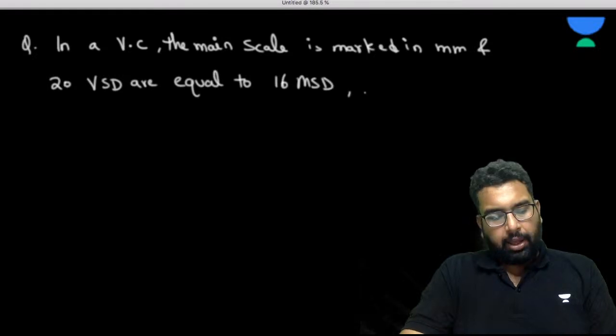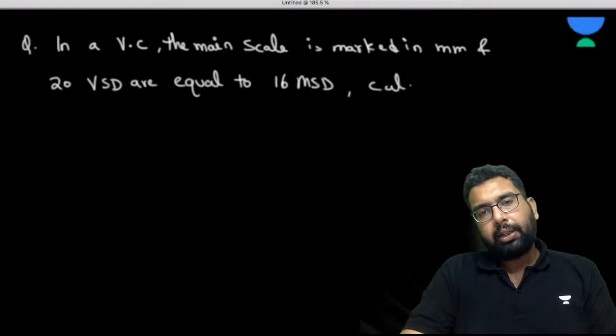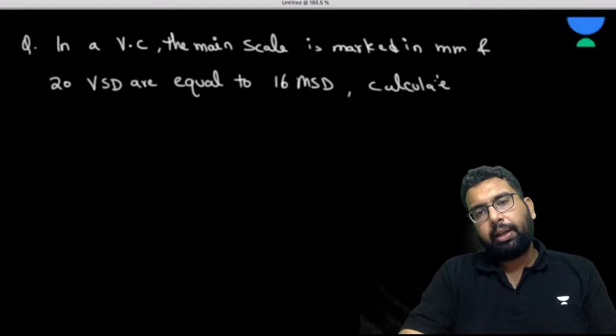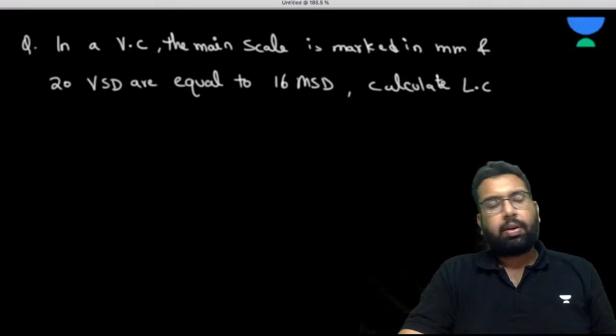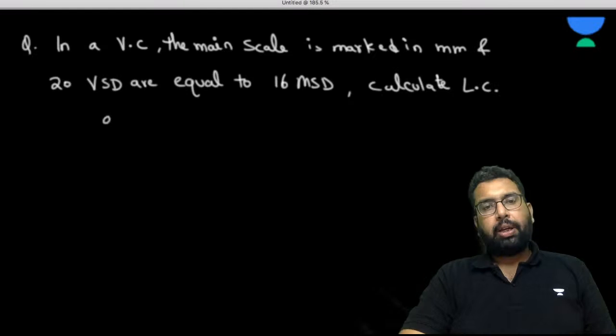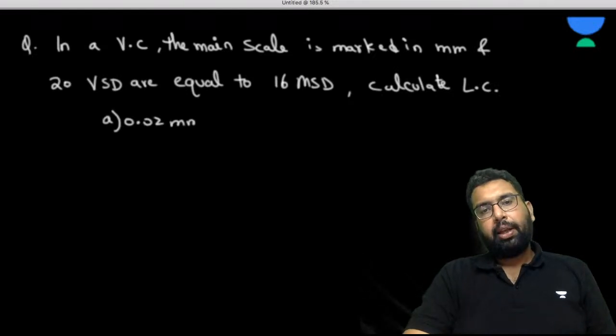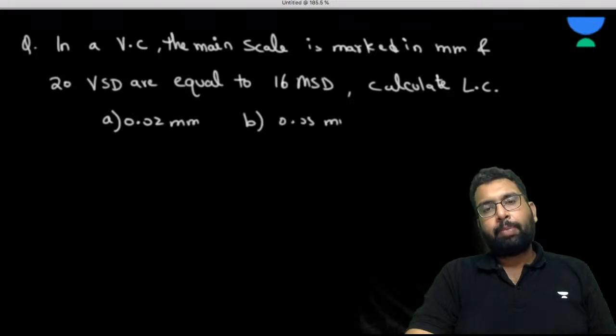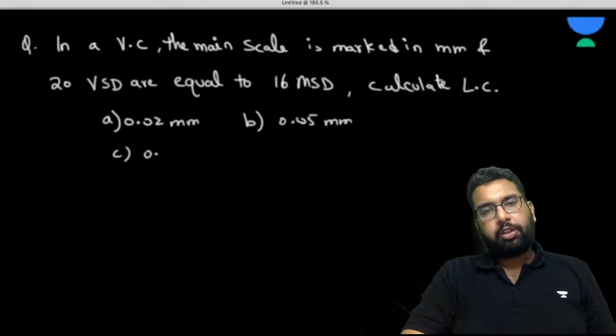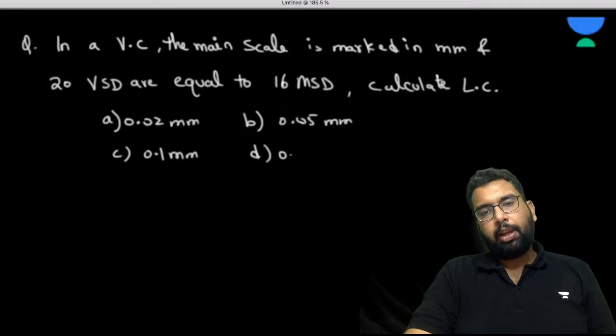Calculate the least count. Option A is 0.02 mm, option B is 0.05 mm, option C is 0.1 mm, and option D is 0.2 mm.